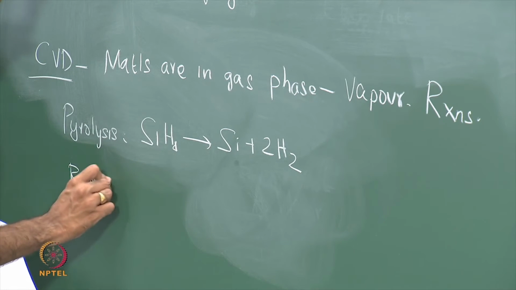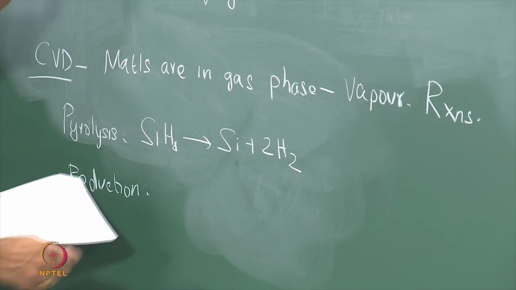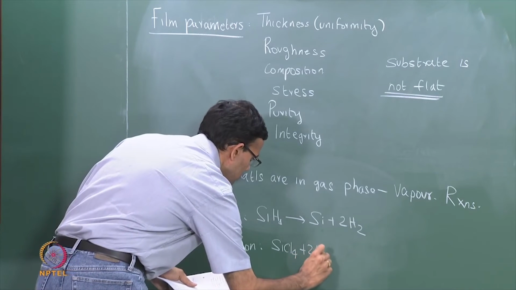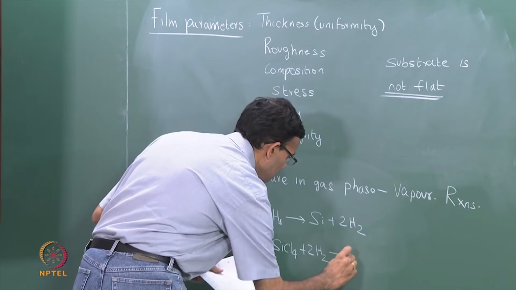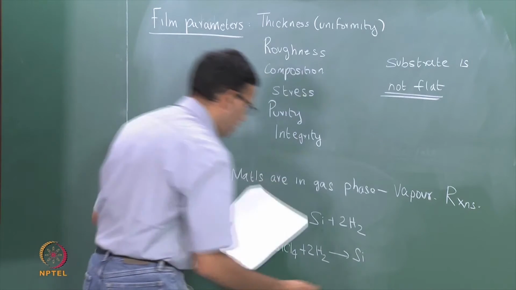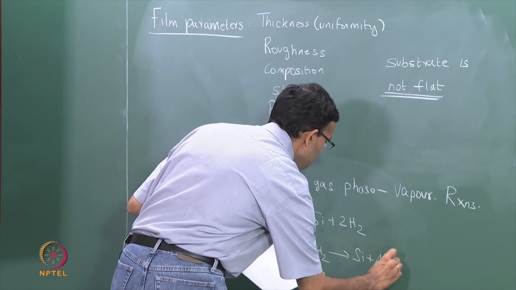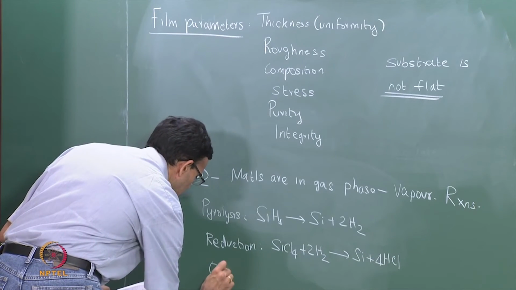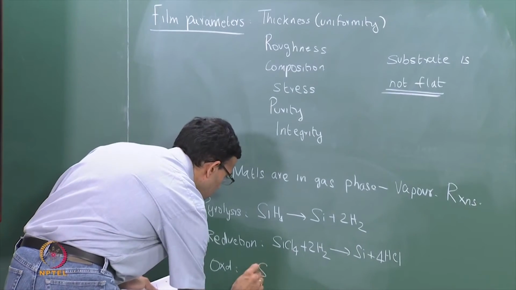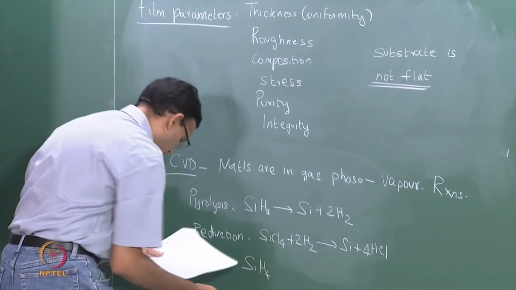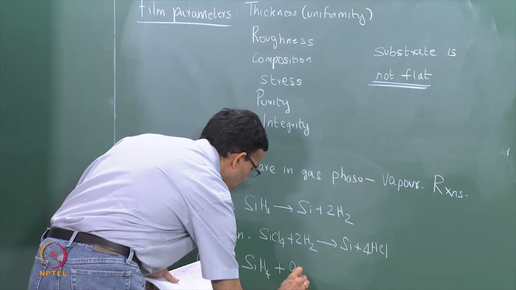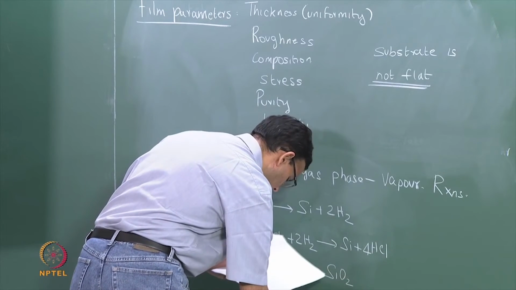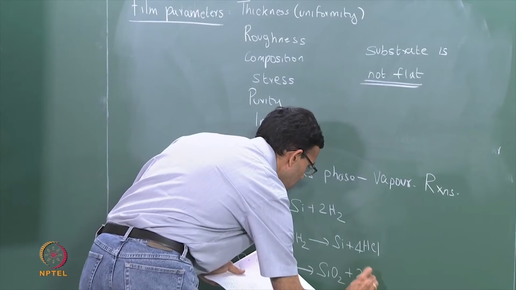You can have a simple reduction reaction. Again, you can have silicon tetrachloride reacting with hydrogen to form silicon plus HCl. You can also have an oxidation reaction, SiH4 reacting with oxygen to form SiO2 plus 2H2.